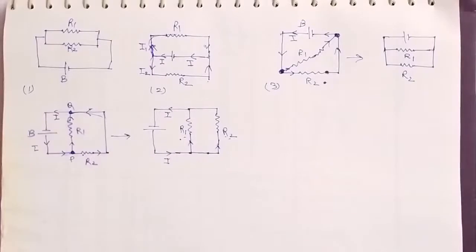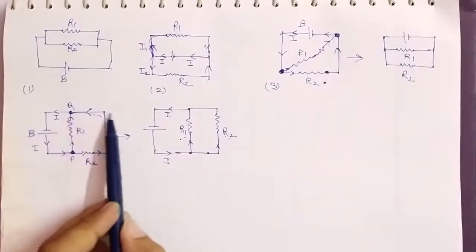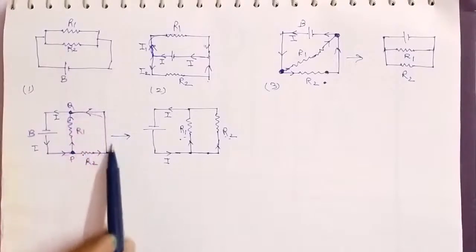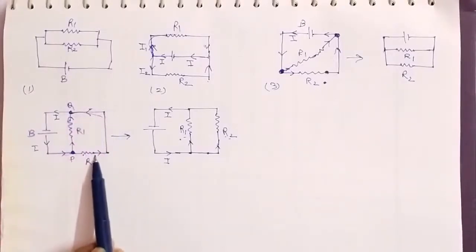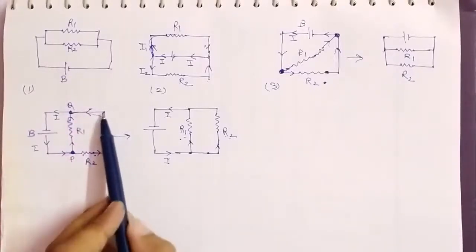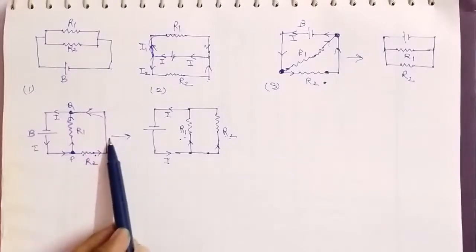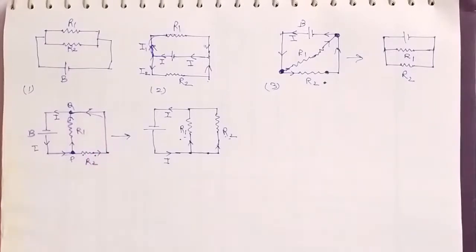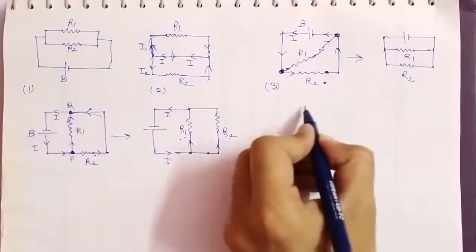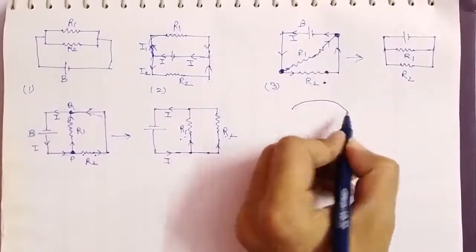Mind my words once again, that if there is no other resistance in a path, then we can shift our resistance by shortening the length of wire or increasing the length of a wire. Okay, there are two more configurations that I want to draw with you, in a circular way.